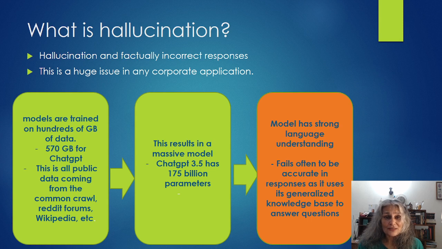Now, just to understand briefly why this happens, let's first understand what these models are. These models are trained on hundreds of GB of data, approximately, for example, 570 GB for ChatGPT 3.5. This is all public data coming from the Common Crawl, basically your websites, Reddit forums, Wikipedia, etc. There is an attempt by companies such as Google, OpenAI and Anthropic to clean this data.